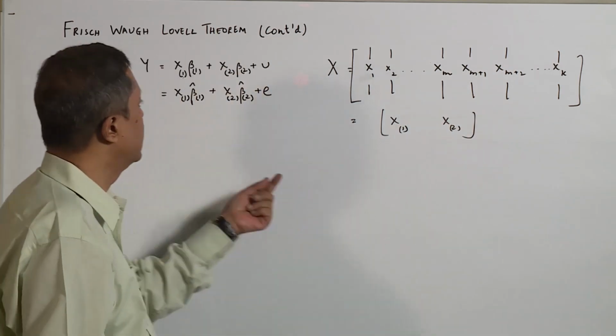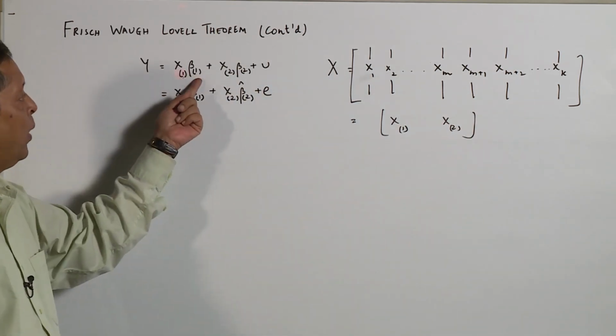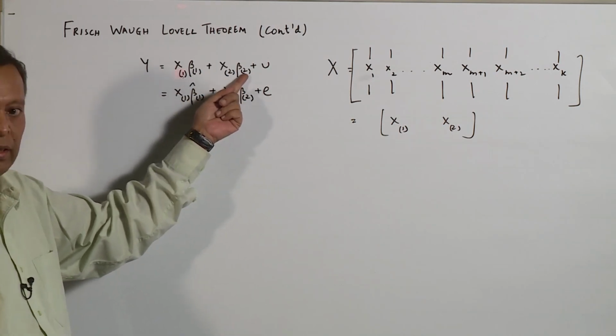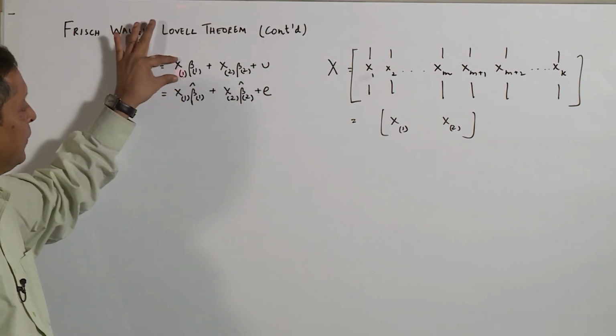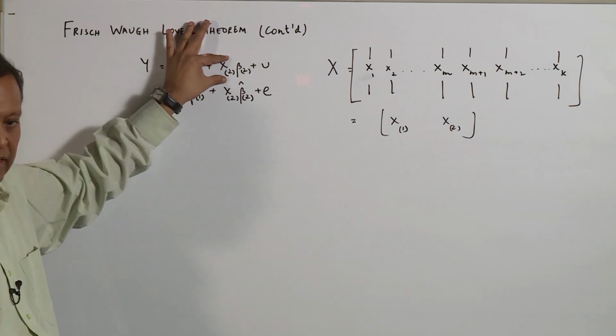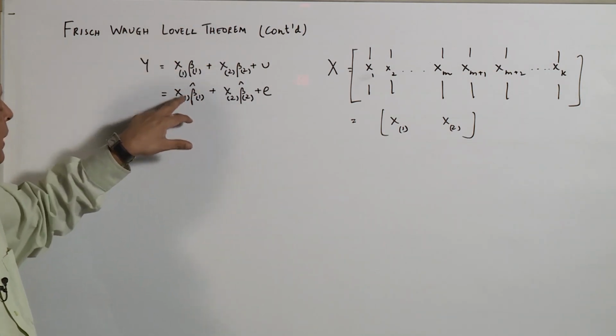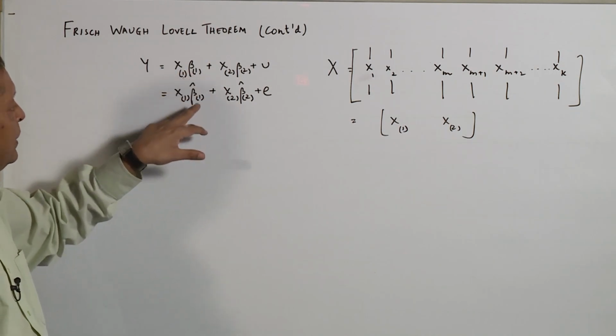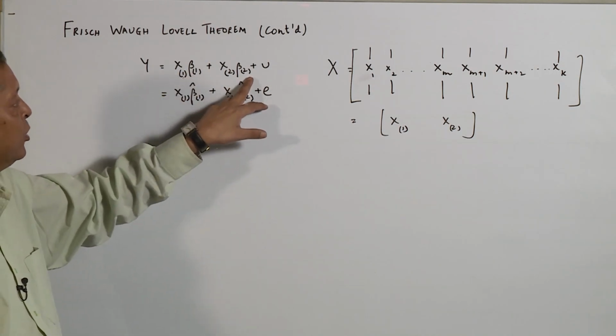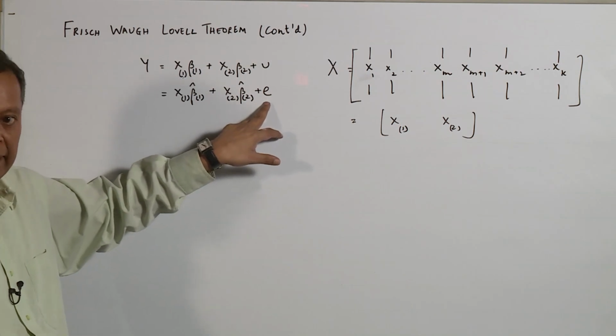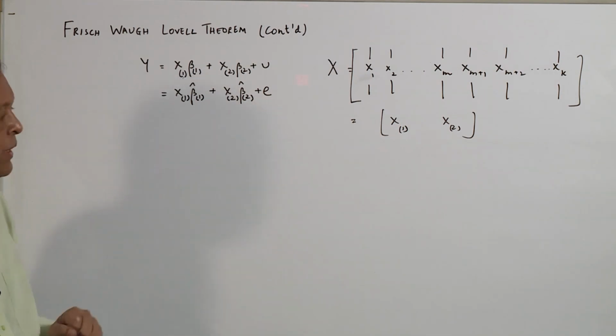So, that gives us X1 beta 1 plus X2 beta 2. Please note that this is a set of X variables, this is another set of X variables, and the estimated relation is given when we write, instead of beta 1 hat, instead of beta 2 hat, and we have this error. So, what is the basic idea?